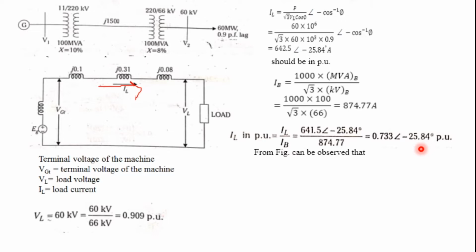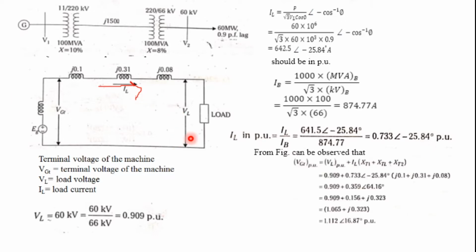Then, by looking at this, what can we write? VGT is equal to IL multiplied by the transformer reactance plus the transmission line reactance plus the other transformer reactance, plus the VL value. In per unit we get the VGT.